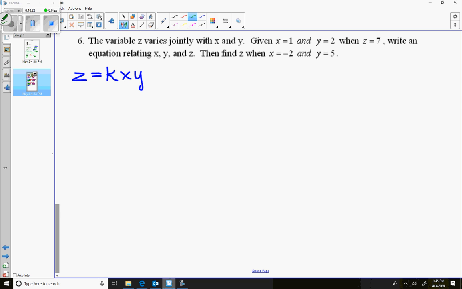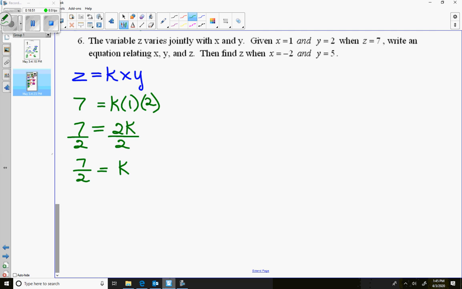Step two, given x is 1, y is 2, and z is 7. Solve for your k, your constant of proportionality. In this case, we get k to be 7/2.